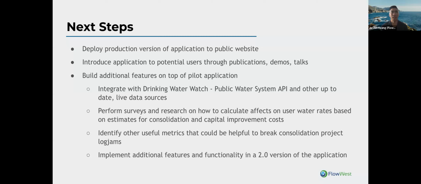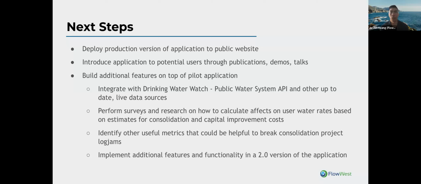And then additional features, metrics, and values that the application could have to help prevent these additional pain points and log jams.